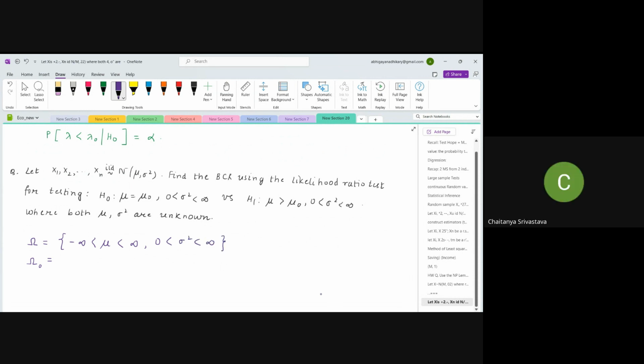And for omega naught, it would be mu naught to infinity. Mu naught to infinity or only mu naught? Under the null hypothesis, mu equals mu naught. Omega naught represents the possible values of mu and sigma square under h naught. So under h naught, mu is mu naught, that is given, and sigma square lies between 0 and infinity.